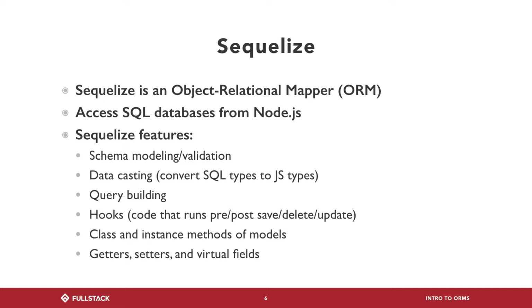And setters are the opposite. They actually store it in the database. So getters and virtual fields are not stored in the database, whereas a setter is stored in the database. What we frequently see for a setter is if you type your entire name, and when you start to save it into the database, you can have a function that says take this, separate by the space, first name, last name, and then you have two different fields, first name and last name.